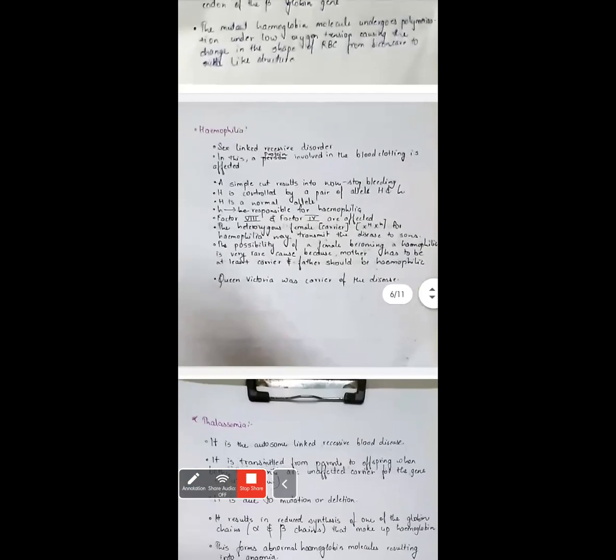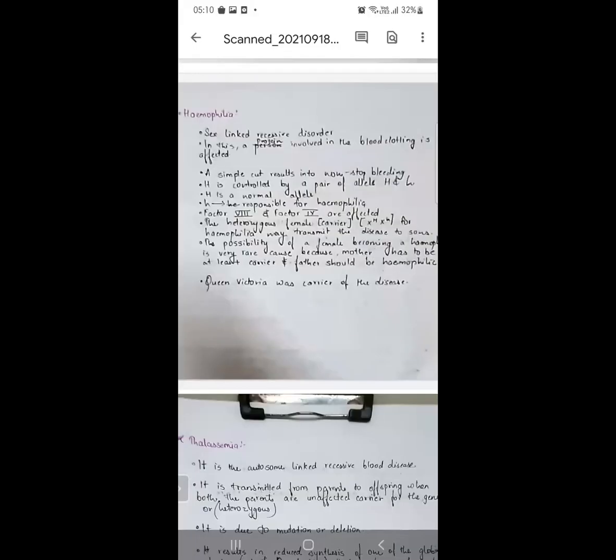Hemophilia. We may have heard about this particular disease, as hemophilia is a disease where continuous bleeding occurs even at small simple cuts. Learn about hemophilia.